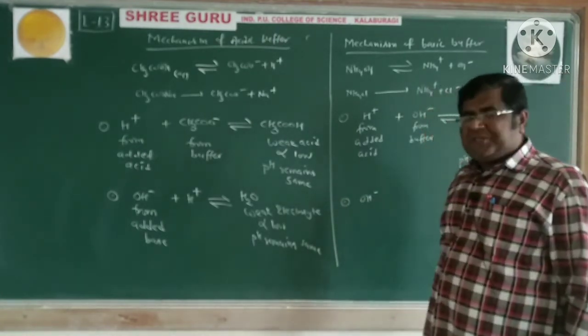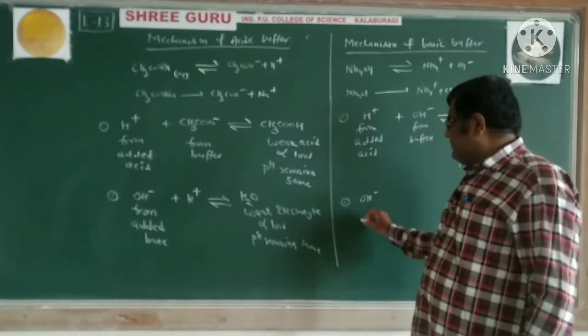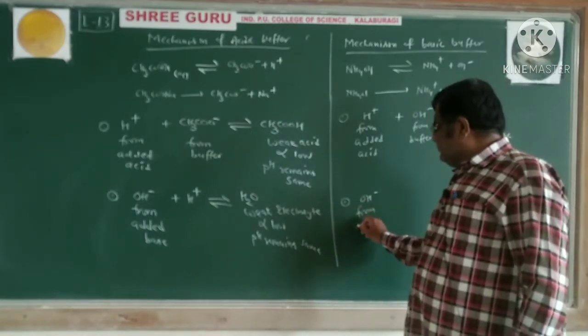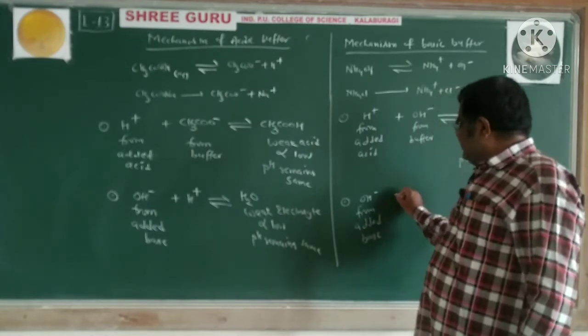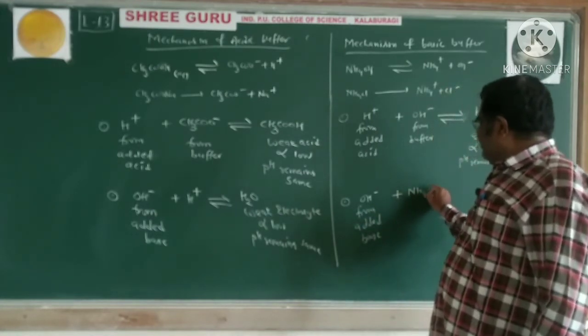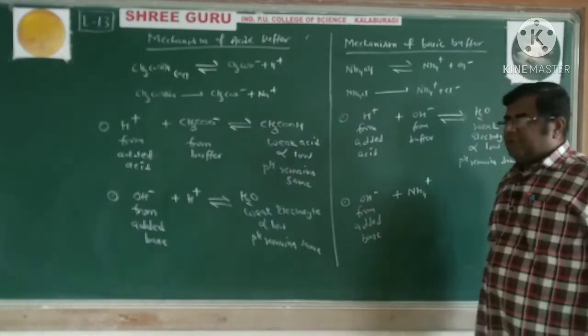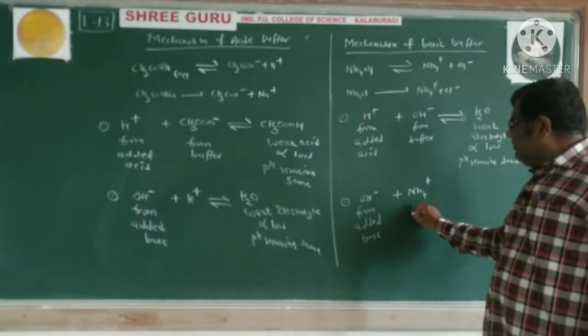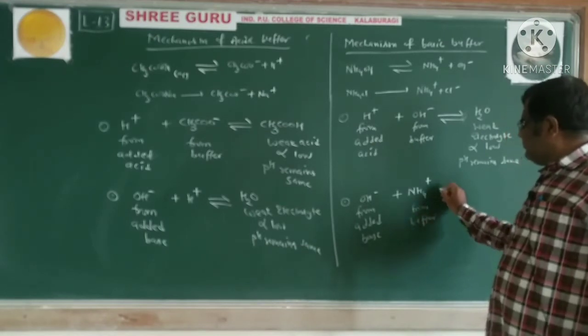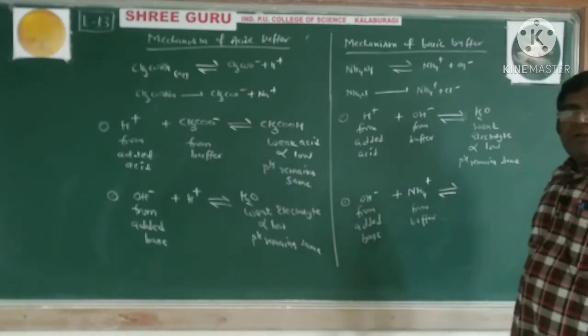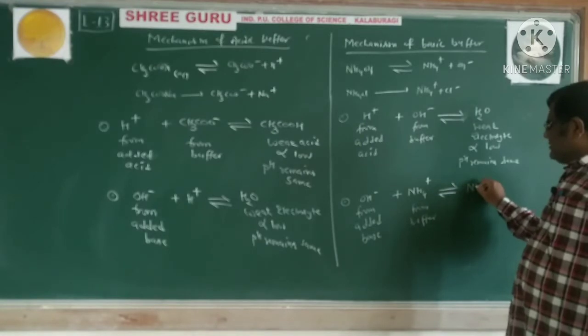If we add OH negative ion in the form of a base, it combines with ammonium ion. This ammonium ion is also from the buffer, and it forms ammonium hydroxide.